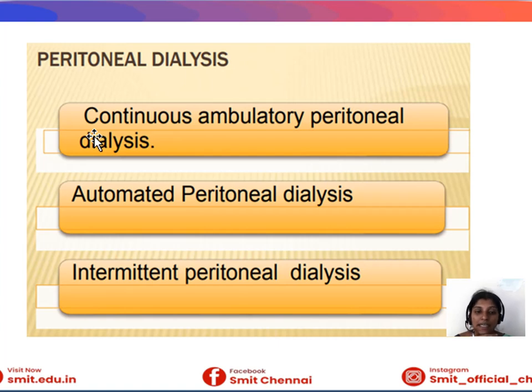The second one, automated peritoneal dialysis, will be automated in the removal and returning of the blood. Everything will be automated in this case. And the third one is intermittent. It is semi automated, where human intervention is needed in the intermediate part only, otherwise it will be automated, so we can say it is semi automated.